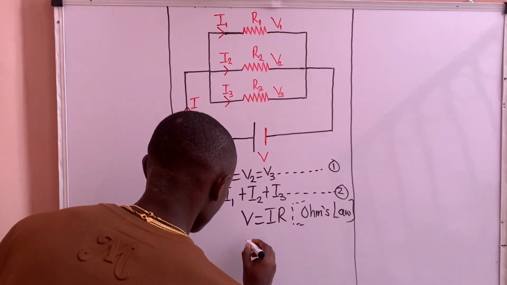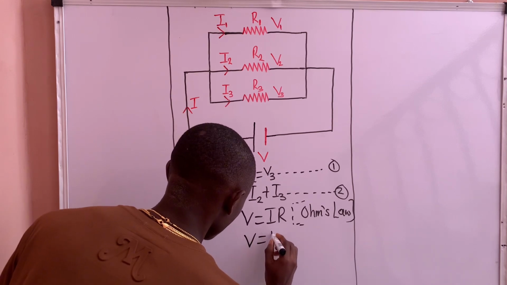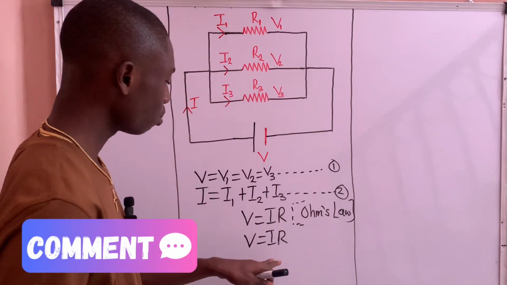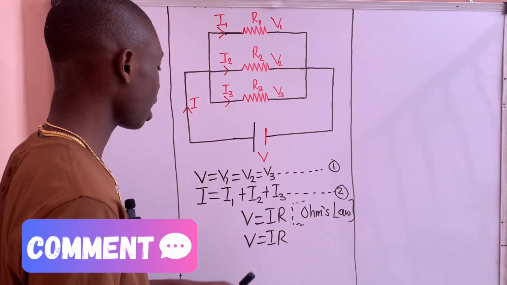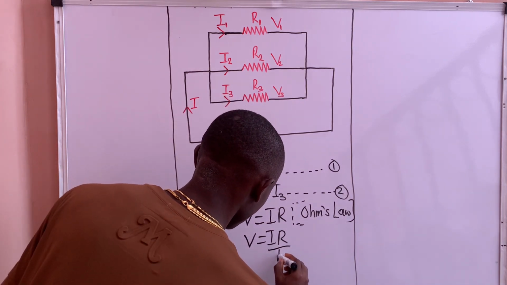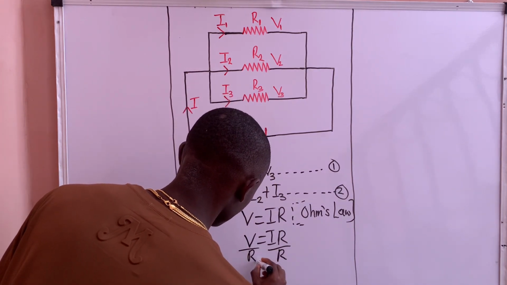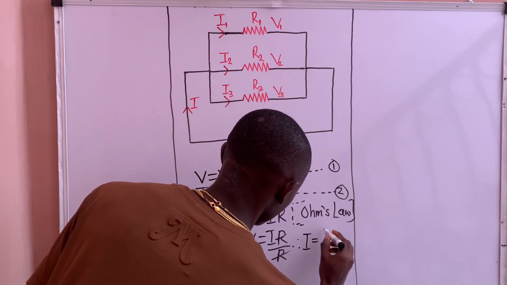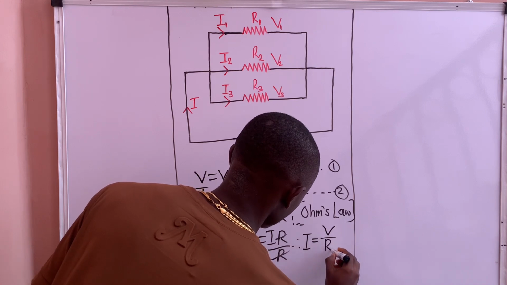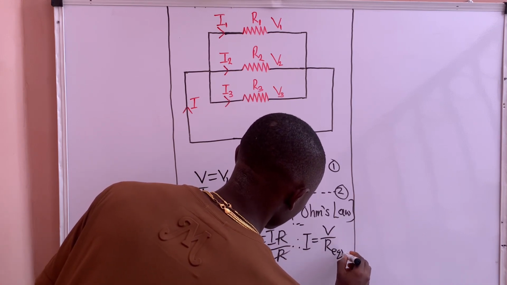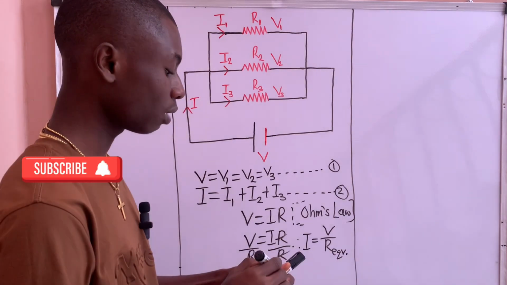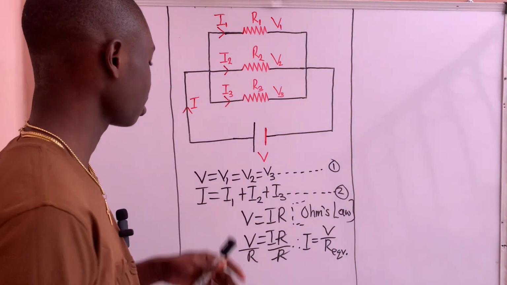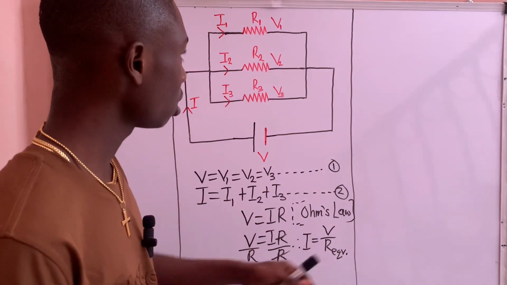V is equal to I R. So making I the subject of the formula, we divide both sides by R. This takes away the R, so therefore I is equal to V all over R. Let's make it R equivalent, the equivalent resistance. That is for I.